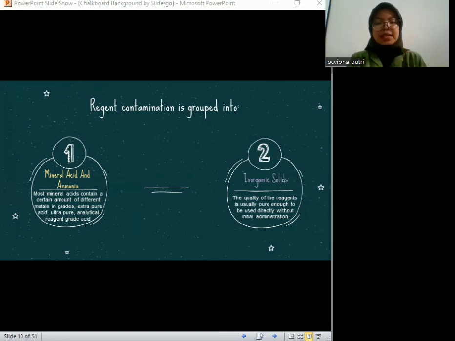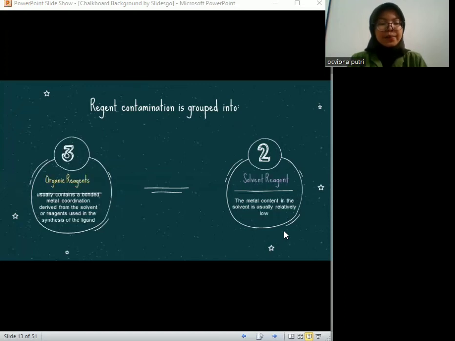And secondly is inorganic solids. Inorganic solids are usually pure enough to be used directly without initial purification, but a blank solution as a control must still be prepared.